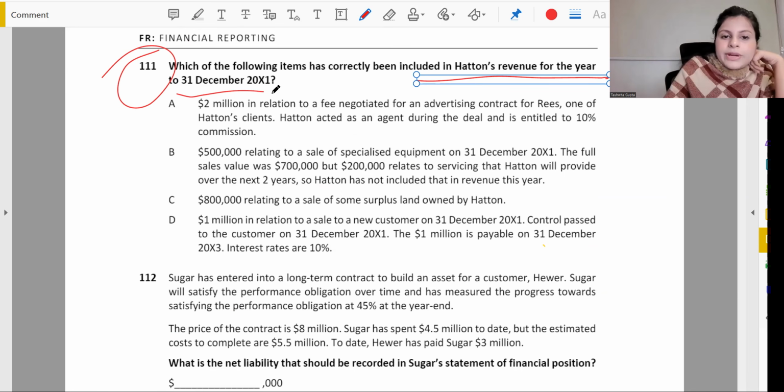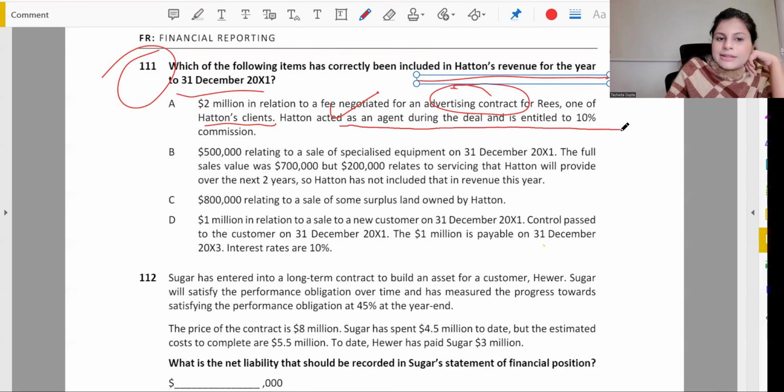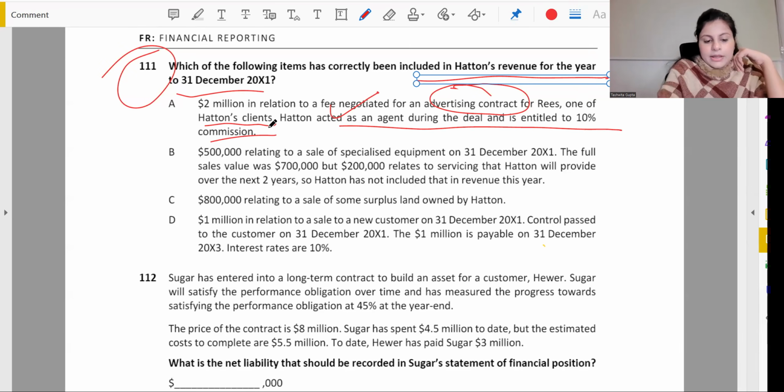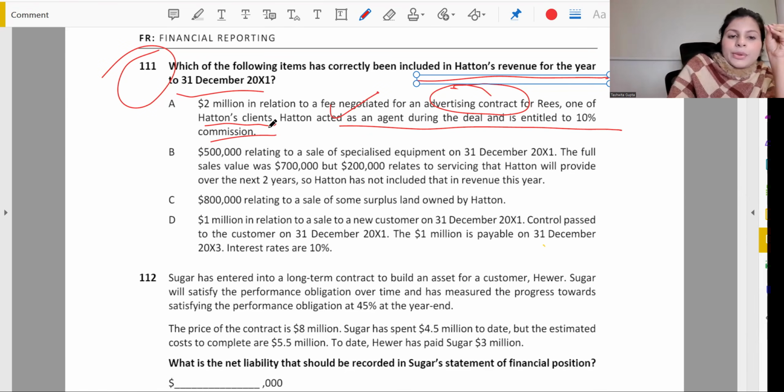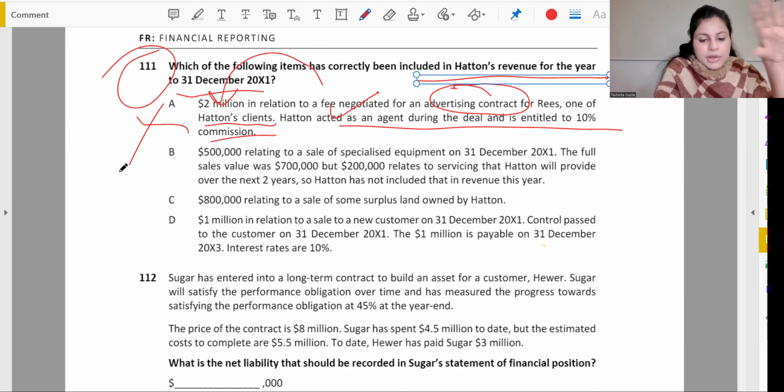A, 2 million in relation to fee negotiated for advertising contract for one of Hatton's clients. Hatton acted as an agent during the deal and is entitled to commission. So agency concept applies. If you are an agent, you are just entitled to the fee or the commission. You are not entitled to the full contract price. So this is incorrect. You should not have recorded the full contract price as your revenue.